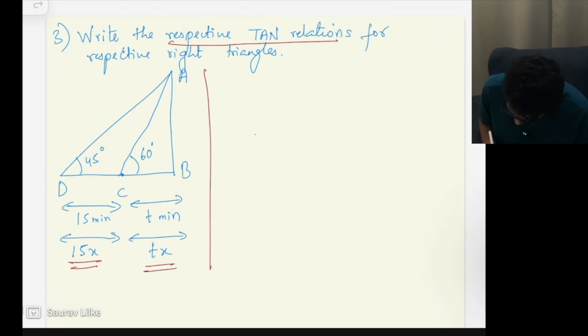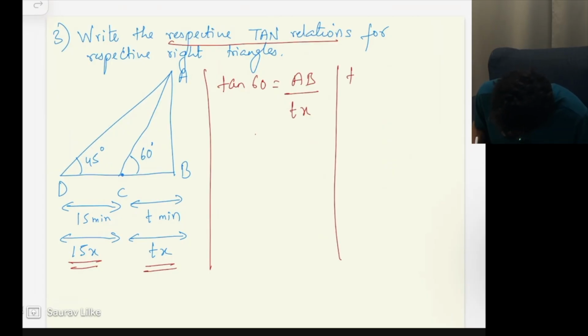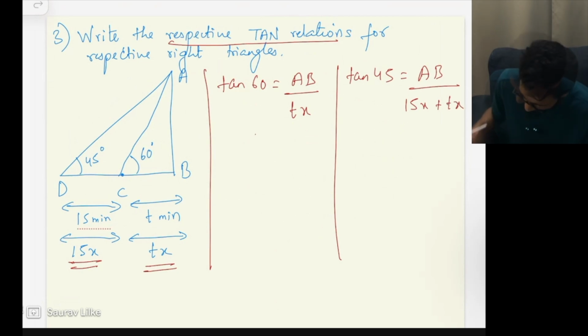So सबसे पहले, tan 60 will be AB upon BC, which is t times x, and tan 45 will be AB upon side BD, which is 15x plus tx. The main thing in this is to solve these two respective equations.